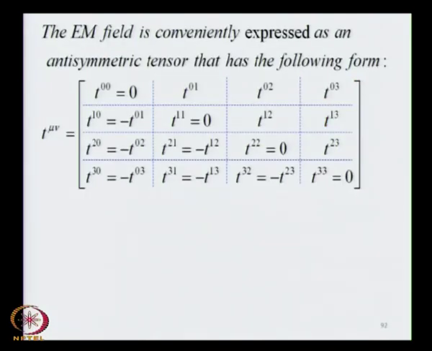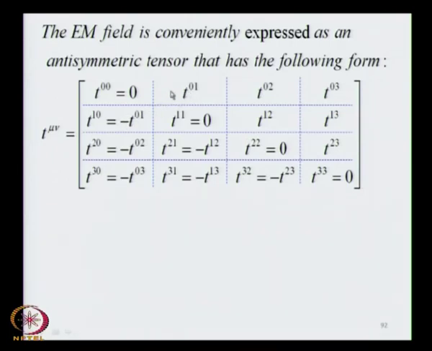And the electromagnetic field in fact is very conveniently expressed as an antisymmetric tensor which has got a very simple form. Notice that there is some sort of a symmetry about the diagonal, but this is more like antisymmetry because the terms over here have got opposite signs.